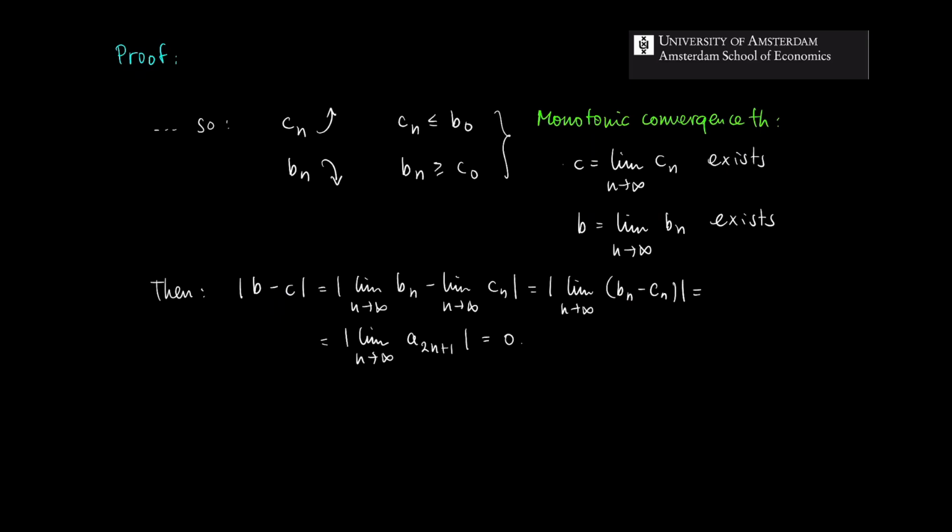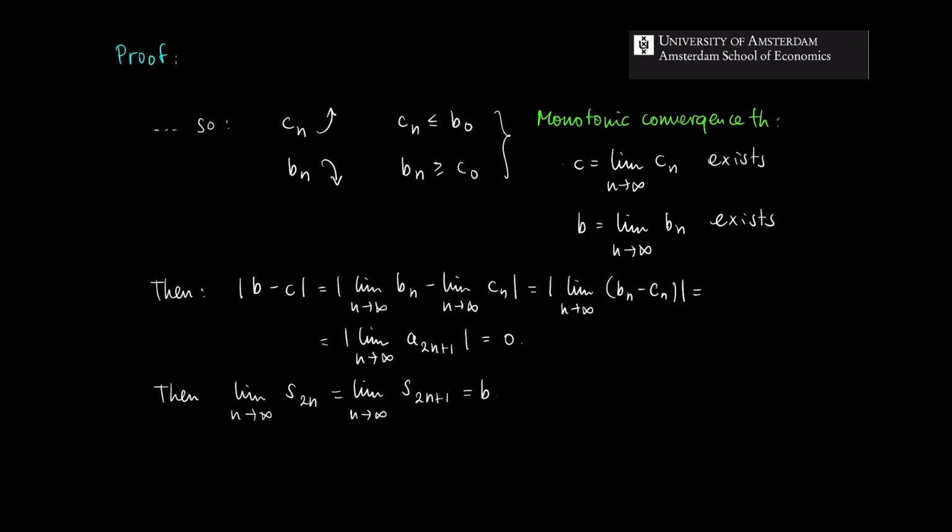So we have that the limit of the partial sums with even index, that will be the sequence S2n, has the same limit as the partial sums with the odd indexes, right?